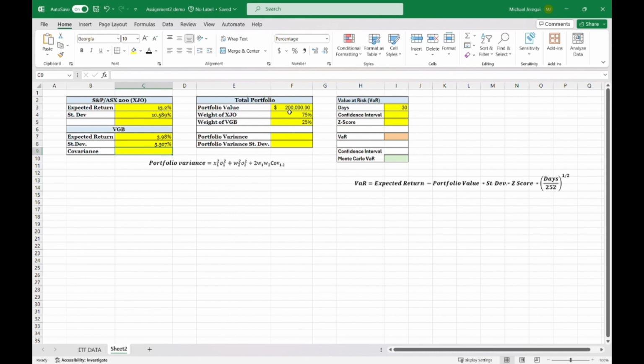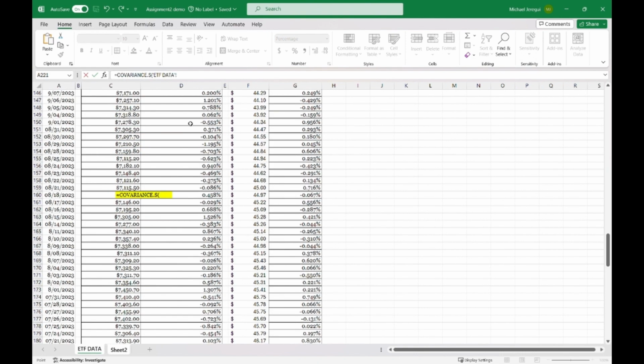Now calculating the covariance between the ASX 200 and the total bond market using the Excel formula COVARIANCE.S. This result will be multiplied by 252, as that's how many days of trading there are, to obtain the annual covariance of the returns.